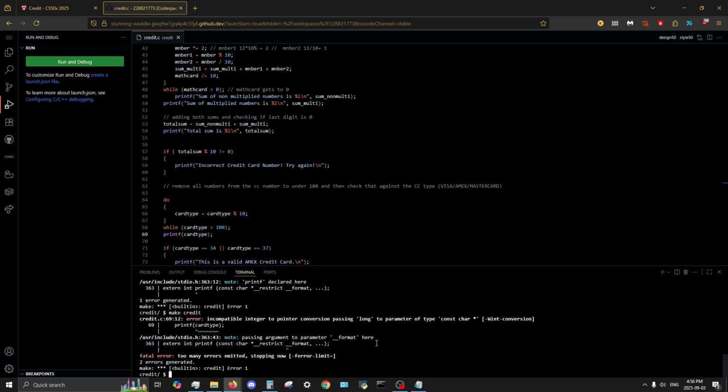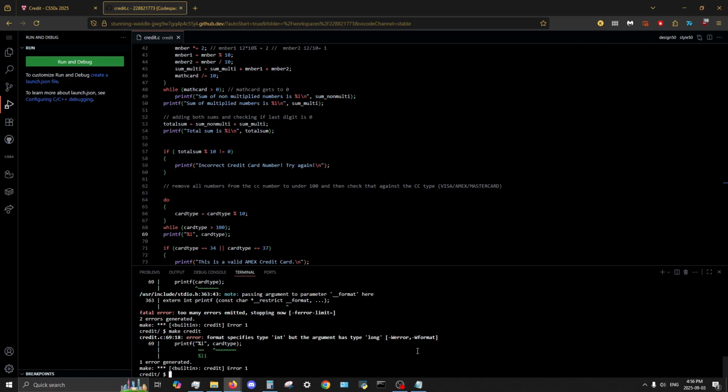Give it a value integer. No. So it's gonna be printf open quote %i close quote, card type, backslash n.